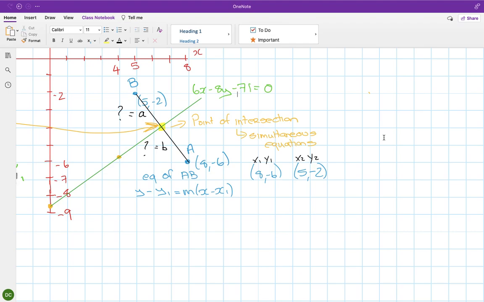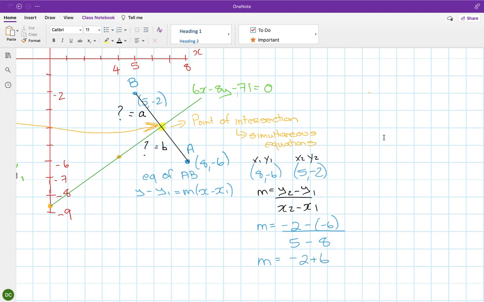I also need m, but I can figure m out by doing y2 minus y1 over x2 minus x1, which is the slope formula. So that's minus 2 minus minus 6 over 5 minus 8. Minus 2 plus 6 over minus 3, so that is 4 over minus 3, which is negative 4 over 3 for the slope.